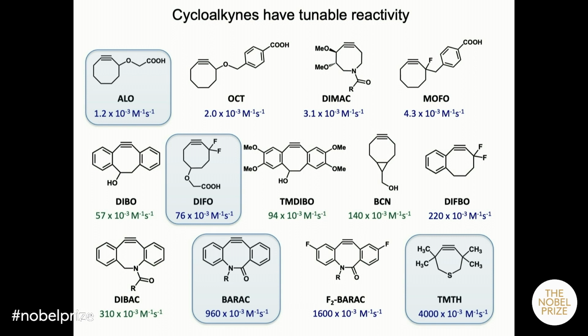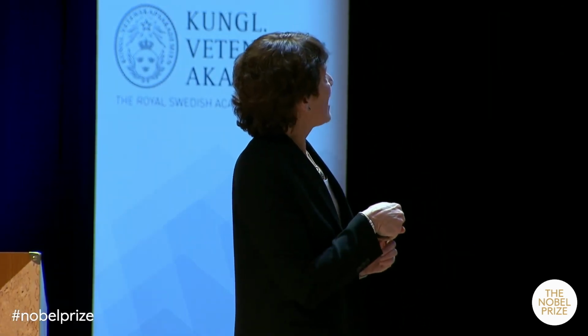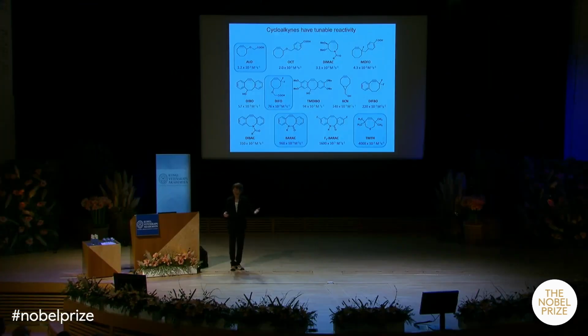And so Jeremy Baskin had a big breakthrough in this project when he showed that addition of 2 fluorine atoms next to the triple bond would increase the reactivity almost 100-fold. And this reagent, which we gave the acronym DIFO for a difluorocyclooctyne, became one of the first important reagents for imaging sugars in live systems, as I'll show you next.